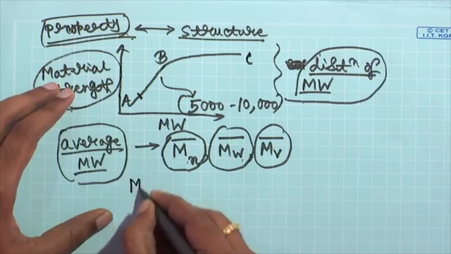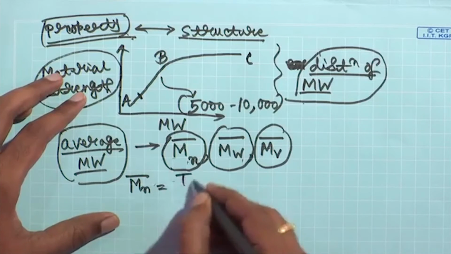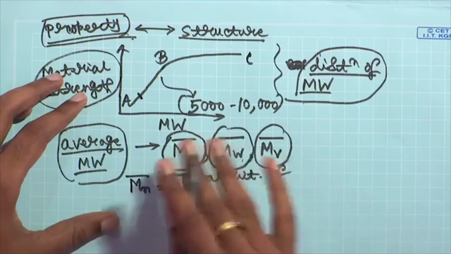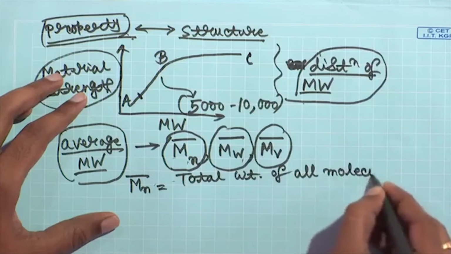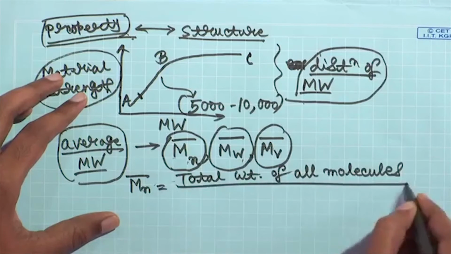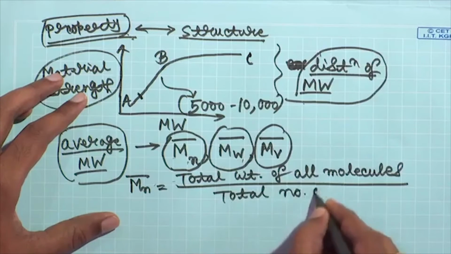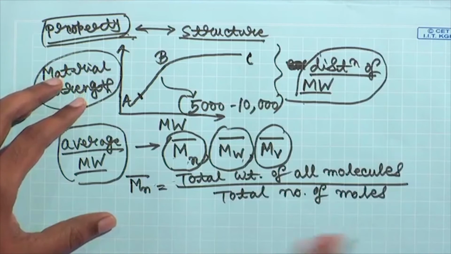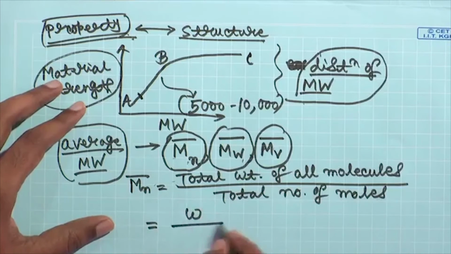When you talk about Mn, number average molecular weight, it is basically the total weight of all the molecules in the sample divided by the total number of moles, which is nothing but W, the total weight, divided by the total number of moles.